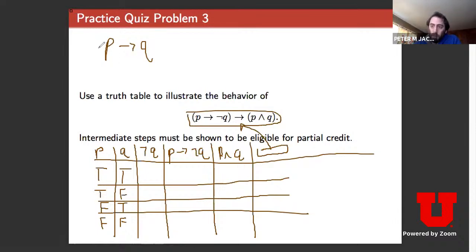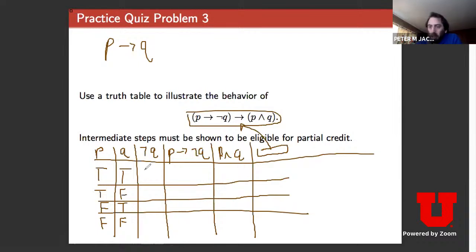So for example, if P is false, the statement is true. And if P is true and Q is true, then the statement is true. So the only condition under which this will be false is when P is true and Q is false.